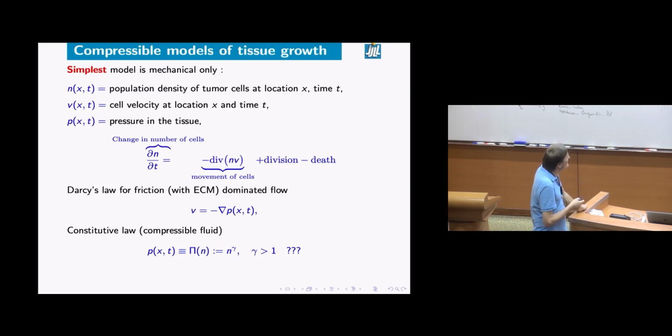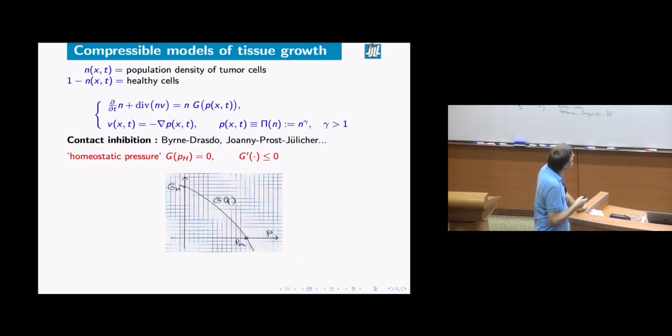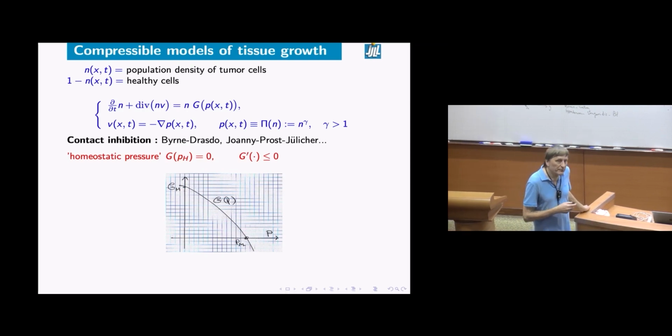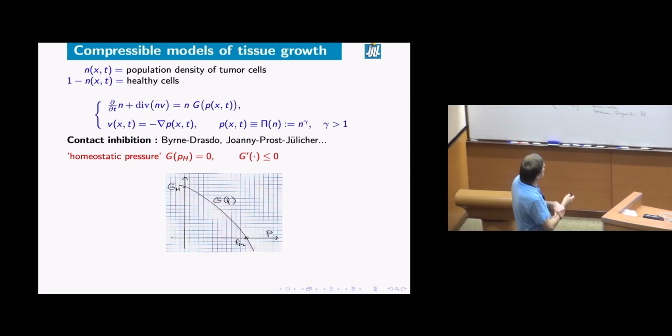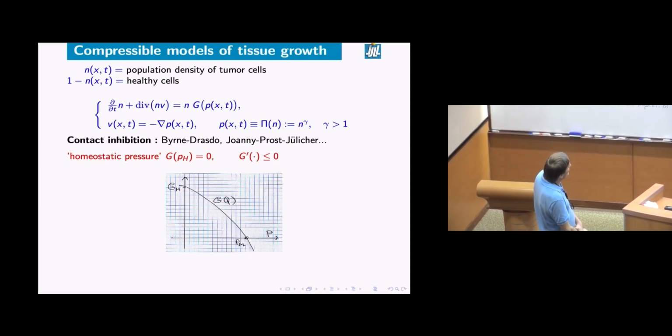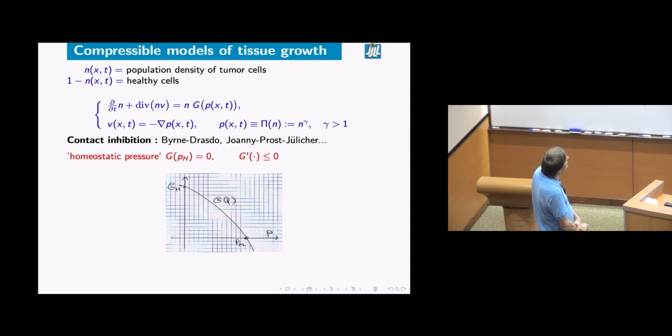But this is the new picture. You have this type of porous medium equation, and it remains to say what the right-hand side is. This right-hand side has to do again with pressure, because what we know from Bern and Drasdo and from these experiments by Johanny Posch and Julie Scher is that the growth rate is controlled by pressure.